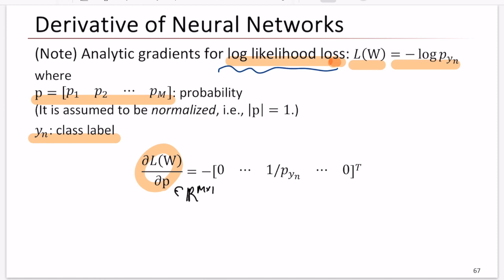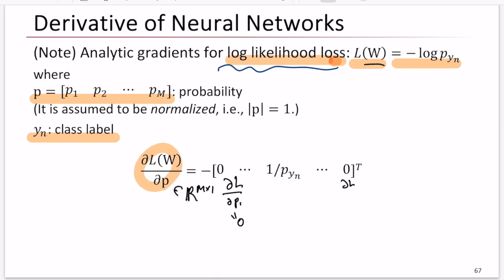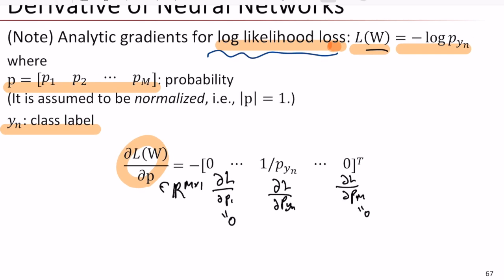The loss gradient with respect to P1 was equal to 0, and the loss gradient with respect to PM was 0 as well, and the loss gradient with respect to PYN only has some value, because the loss is just a function of PYN.